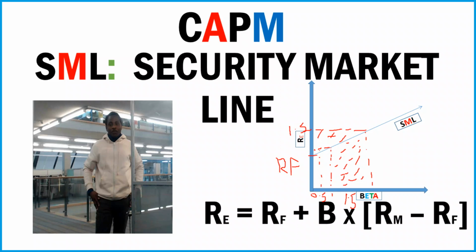So basically what the SML, the security market line, actually is, is the reward that the investor will get for the risk they have taken, either above or below.